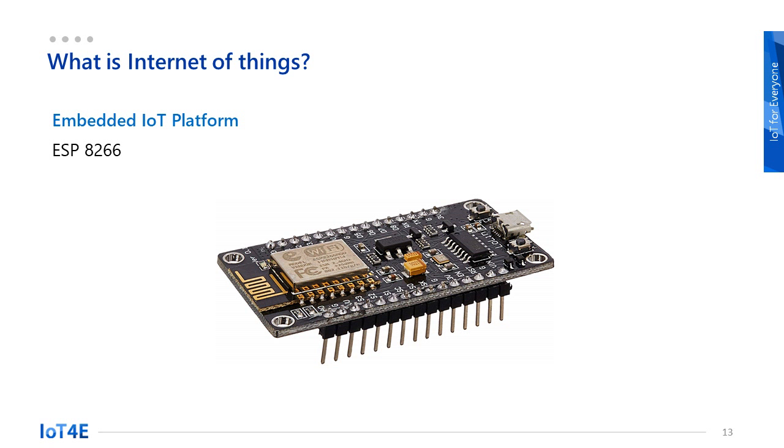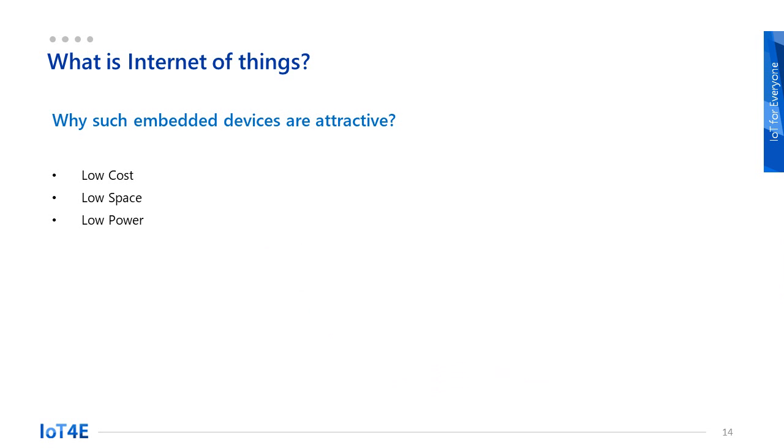There are many boards available in the market which you can use for development. In our case though, we will be using ESP8266 for our lessons. Embedded systems provide easy access to IoT programming. They're relatively cheap and affordable, they're tiny and do not take up much space, they do not consume a lot of power, and most importantly, they're very easy to use and learn for beginners to program with.